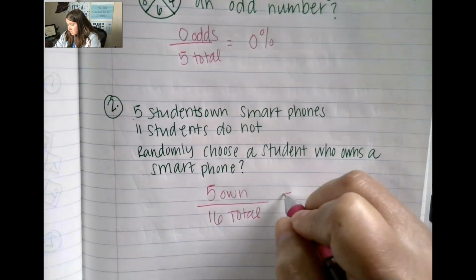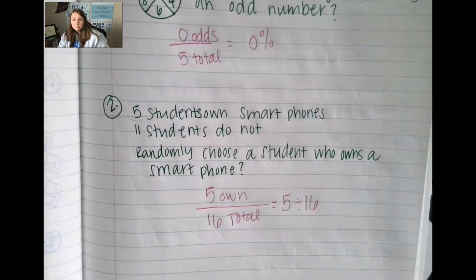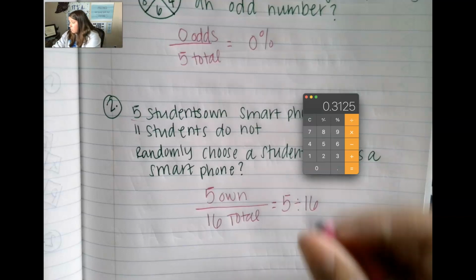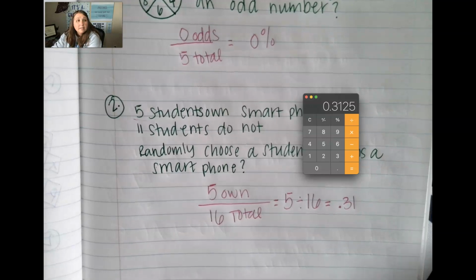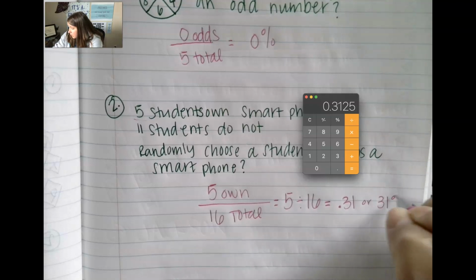So now we're going to do 5 divided by 16, and this is going to give us our probability. This equals 0.31 because the 2 tells us to stay the same. So 31%.